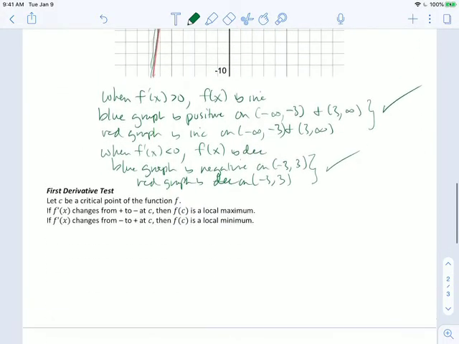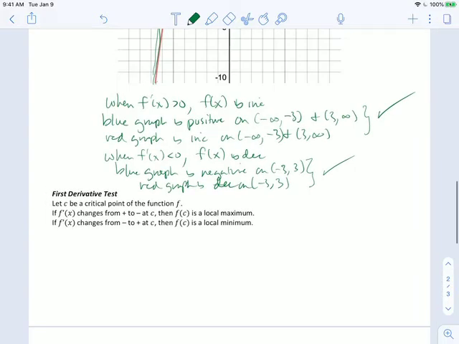So the other important result out of this section is the first derivative test. And so I'm stating that right here. If we've got a critical point of a function, then we're looking at changes in the sign of the derivative. So if f prime changes from positive to negative at a point c, then f of c, the y-coordinate at c, is a local maximum.